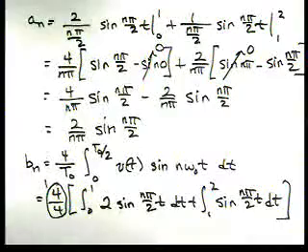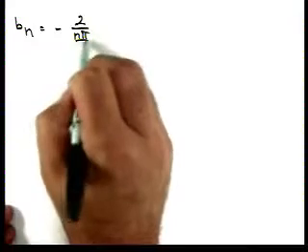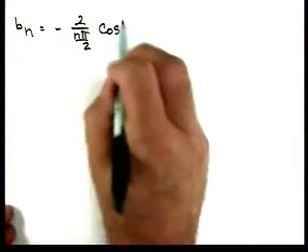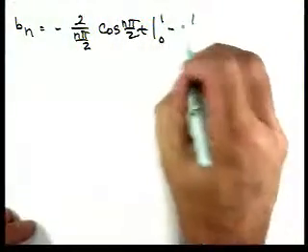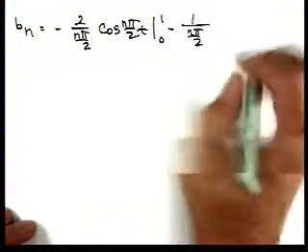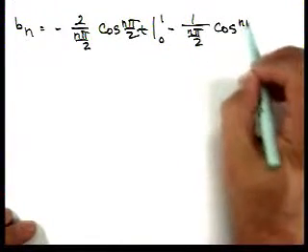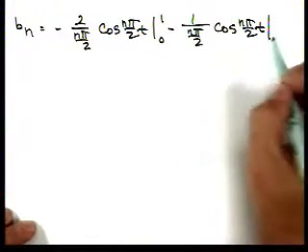So now, performing the integration, we get minus 2 over n pi over 2 cosine n pi over 2 t, evaluated from 0 to 1, minus 1 over n pi over 2 cosine n pi over 2 t, evaluated from 1 to 2.